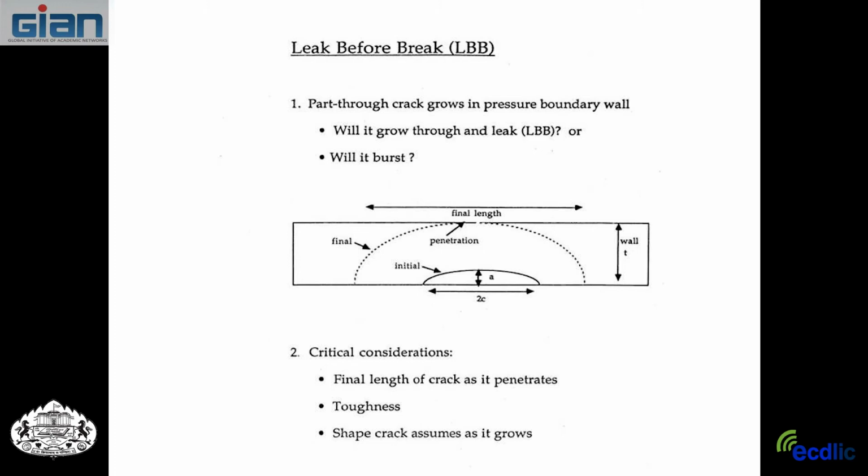Another method is called leak before break, and this again is for pressure containing things. This is kind of not real quantitative, but somewhat. And as I said, you usually in a structure have a surface flaw like this. Here's the wall of a pipe or a pressure vessel.